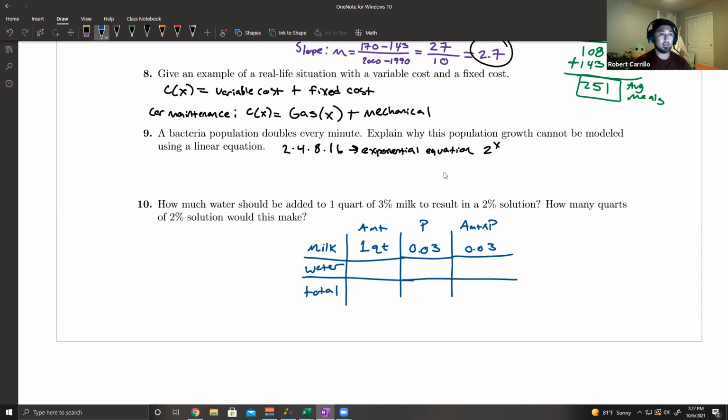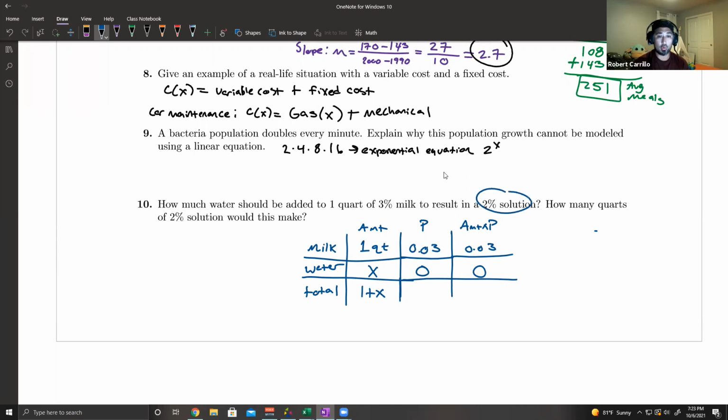And then it says, how much water should be added to 1 quart of milk to result in a 2% solution? So we don't know how much water we need. We know that water is a 0% solution, and x times 0 is 0. And then down here, you would have 1 plus x.